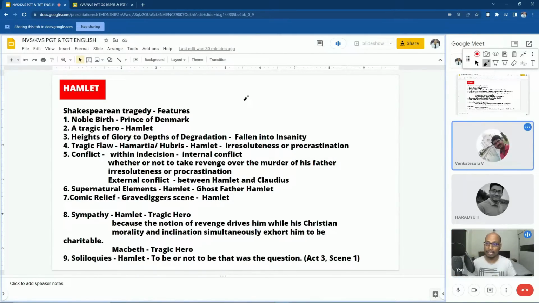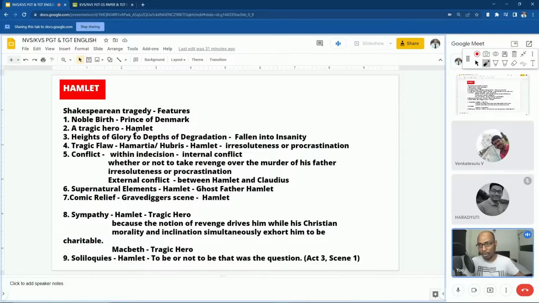Now, what is the tragic flaw found in Hamlet's character? Irresoluteness or procrastination? Ghoshji, Venkatesh sir, what is the tragic flaw? Irresoluteness and procrastination.